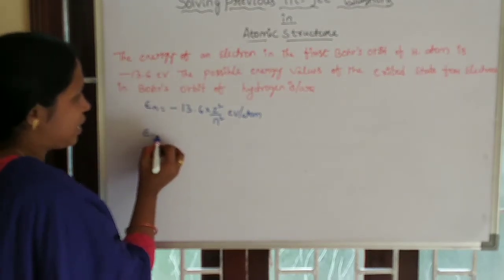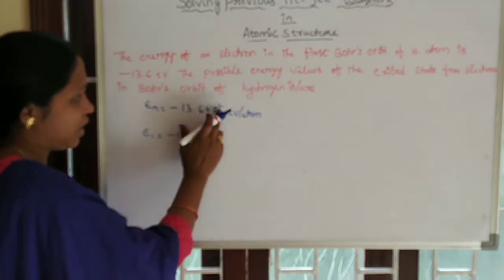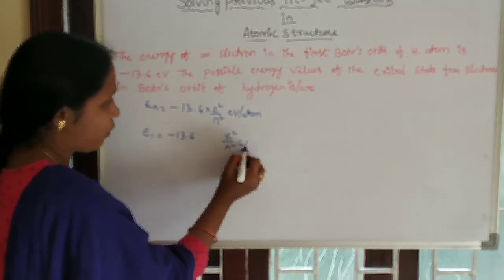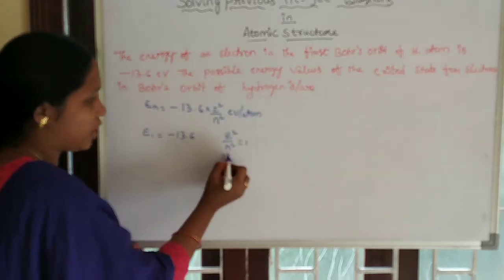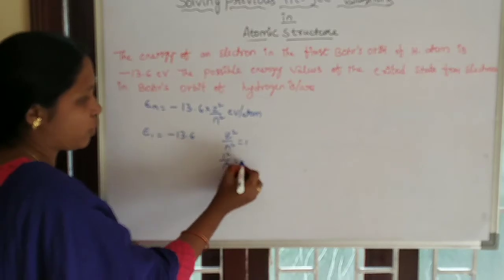That means Z square by n square is 1. That means the atomic number of hydrogen is 1, so 1 square, and the first Bohr orbit means 1 square, so 1.